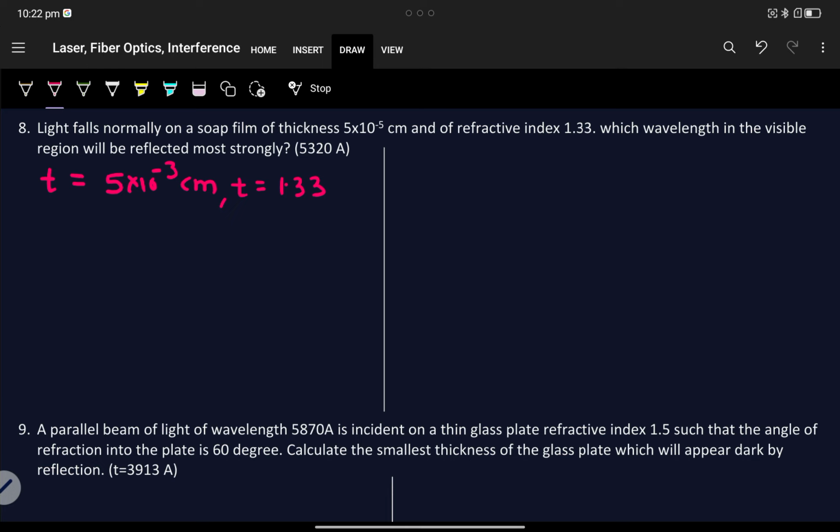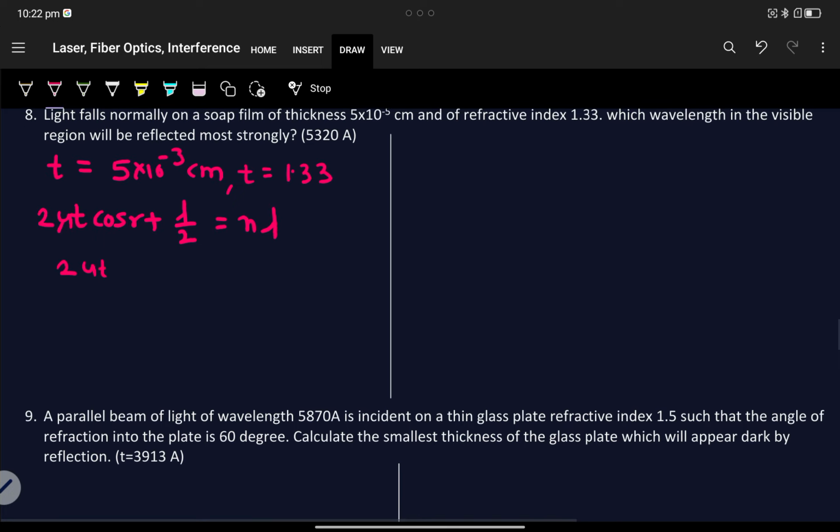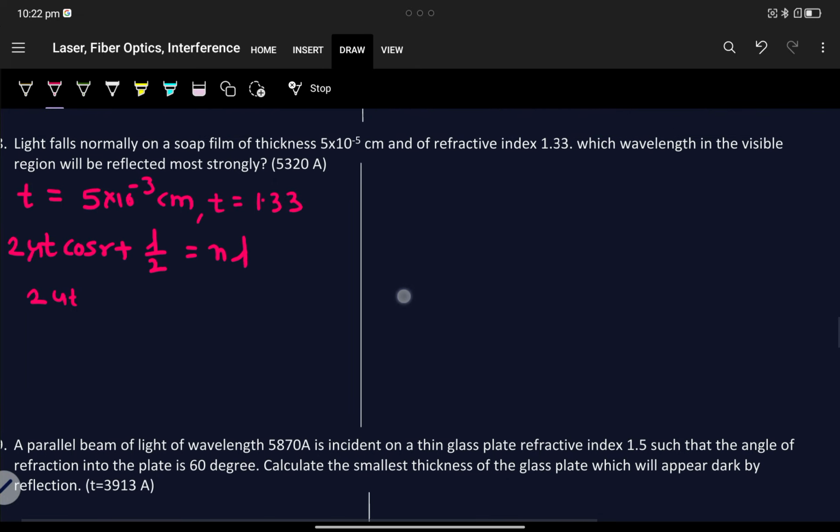Now for this we'll be using the condition of maximum intensity, which is 2 mu t cos r plus lambda by 2 is equals to n lambda. When I bring lambda by 2 on the right side, I can write this formula as 2 mu t cos r is equals to (2n minus 1) lambda by 2.